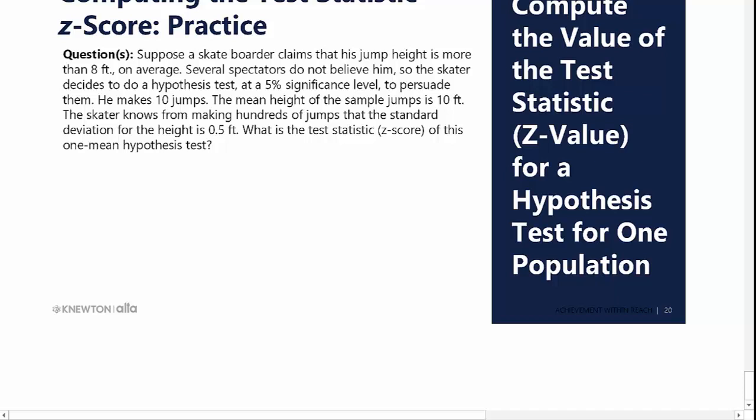So the first step, always with hypothesis testing, is to write your hypotheses. We are testing his claim that the mean height of his jump is more than 8 feet.